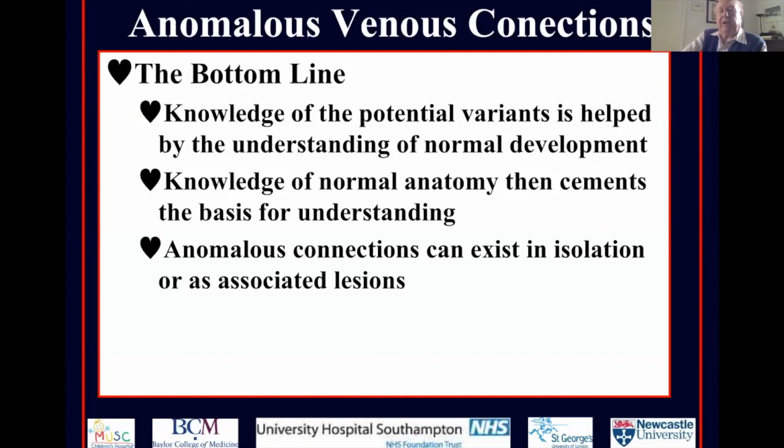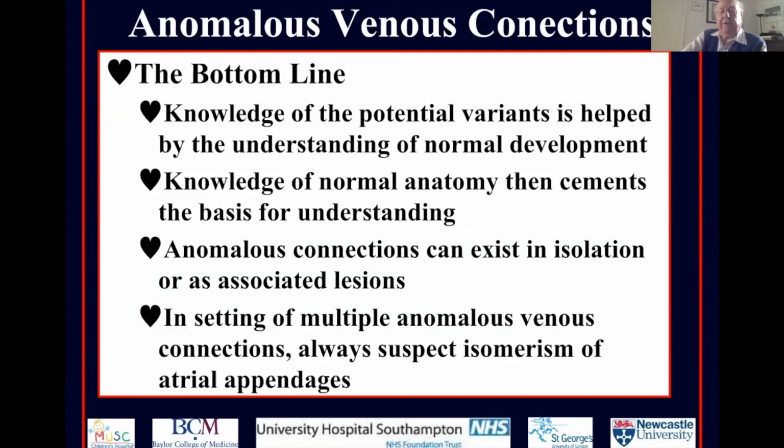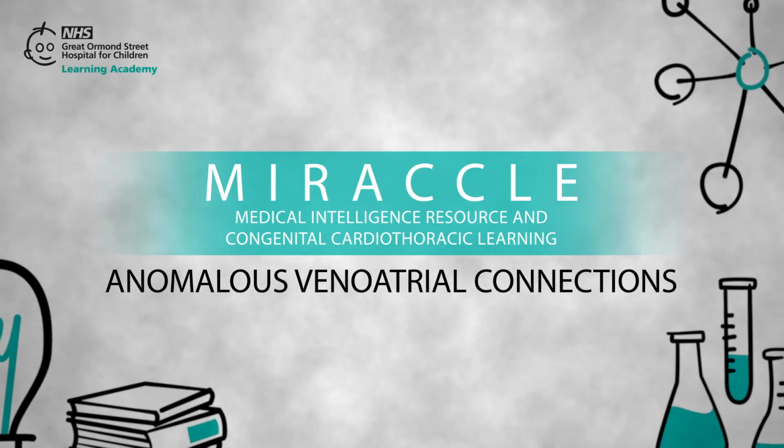The anomalous connections can exist themselves in isolation, or they can be part and parcel of many other associated lesions. But whenever you have multiple anomalous venous connections, always you should be suspecting isomerism of the atrial appendages.